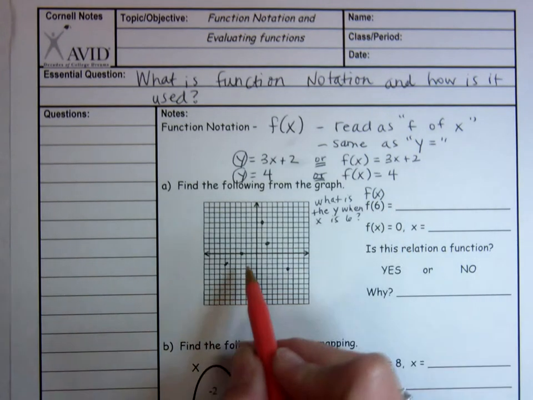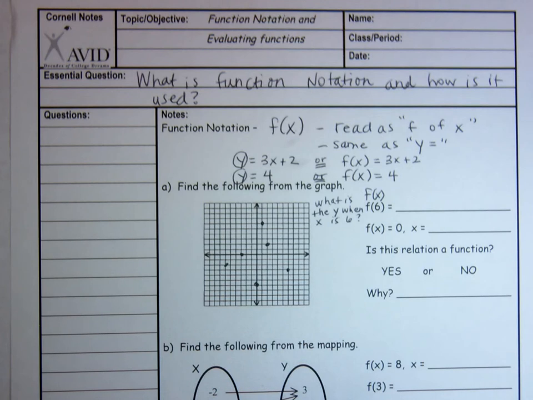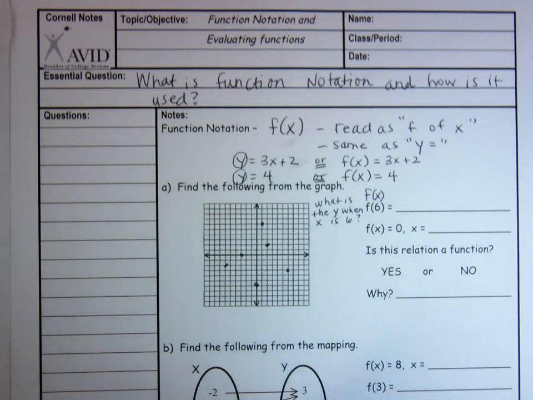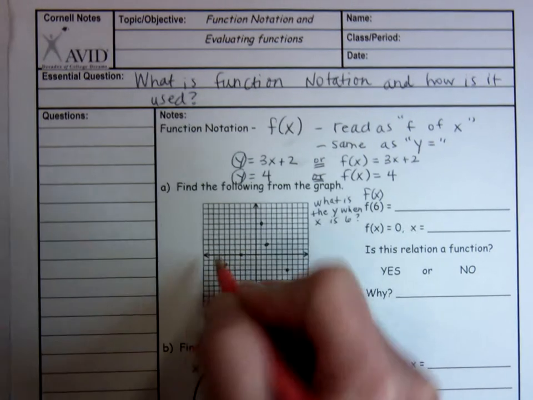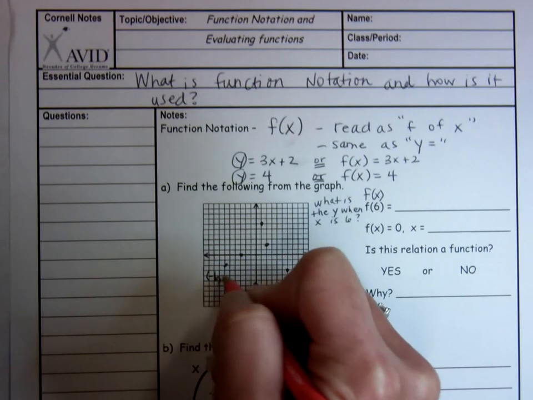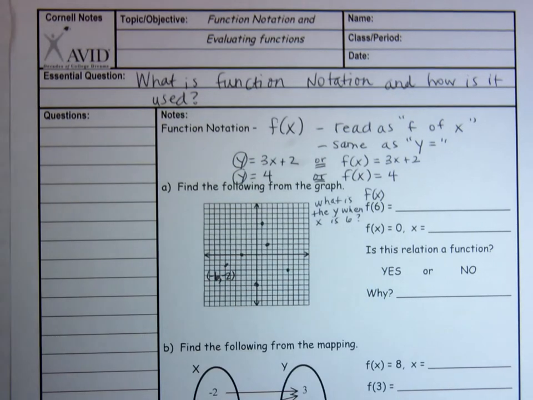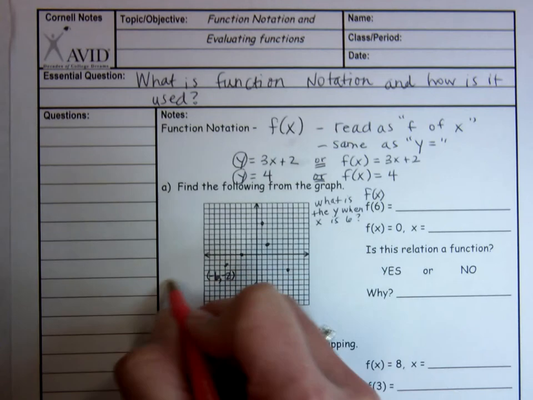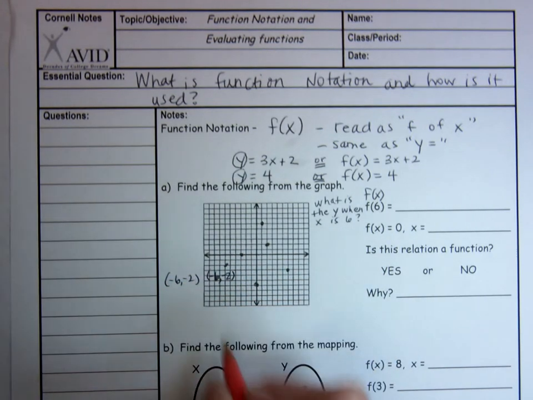So what we do is we come over here to the graph and we have to identify where the x is 6. Well, there aren't any points on this graph, and it might be a good idea for us to label the points so that we could physically see the number 6. So let's label these points. This would be -6, -2. This one, and I'm going to write it out here because you can't really see it inside the graph, -6, -2.